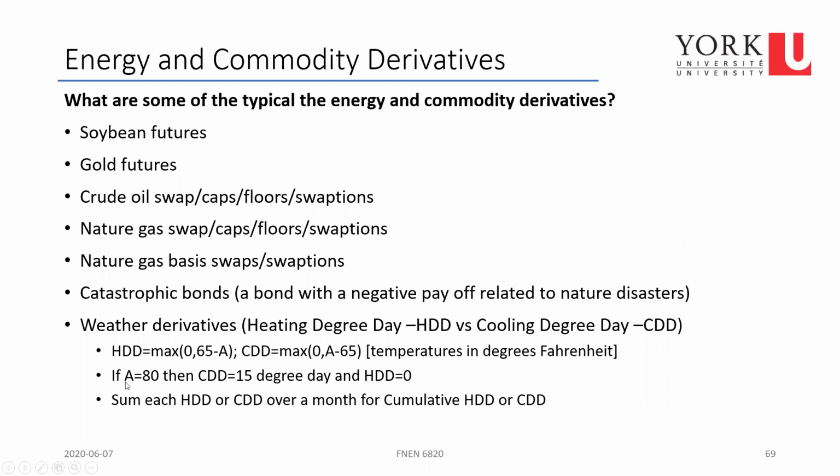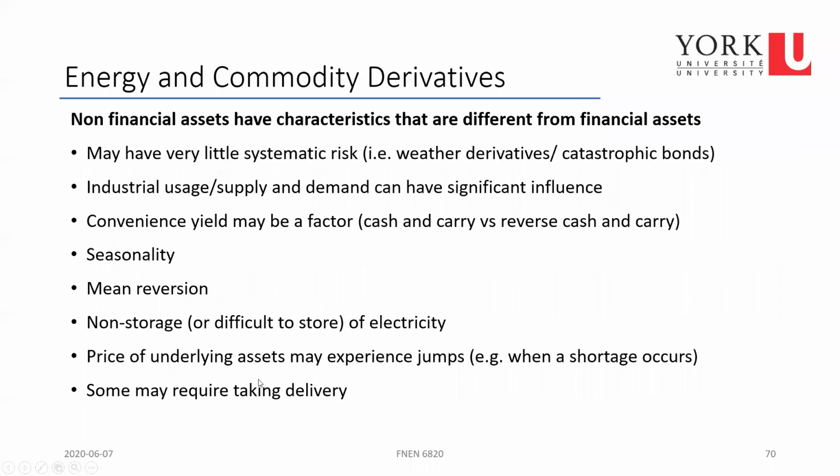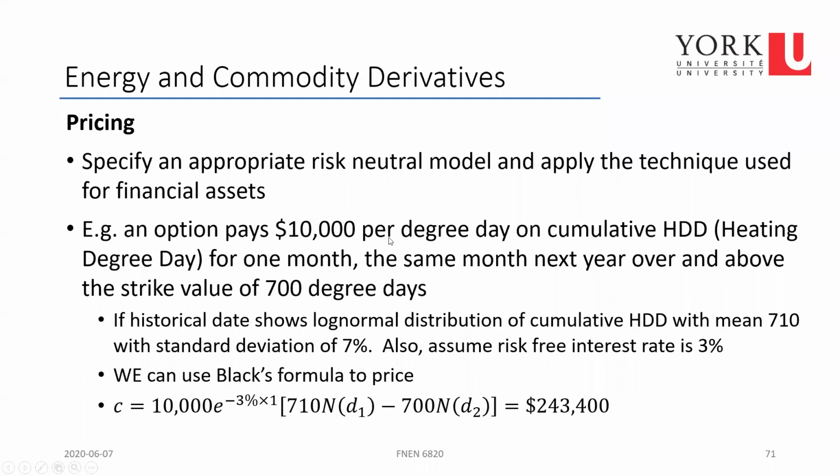In this case, if A is 80, we have a cooling degree day of 15. So taking the per degree day on cumulative heating degree days for one month, in the same month next year, over and above the strike of 700 degree days: if it's greater than 700 degree days, per degree day you get paid $10,000.